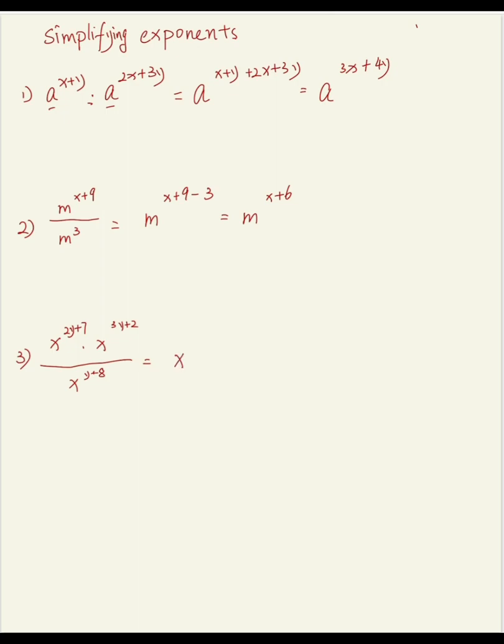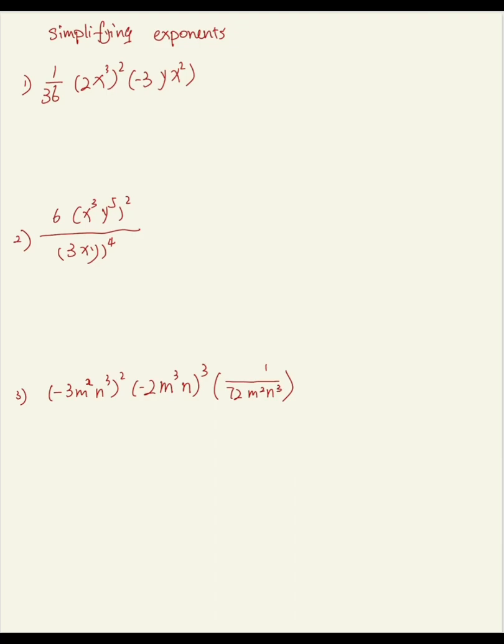So x to the 2y plus 7 plus 3y plus 2 subtract y plus 8 equals x to the 2y plus 3y subtract y plus 7 plus 2 subtract 8, equals x to the 4y plus 1.